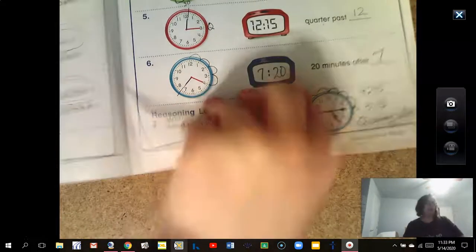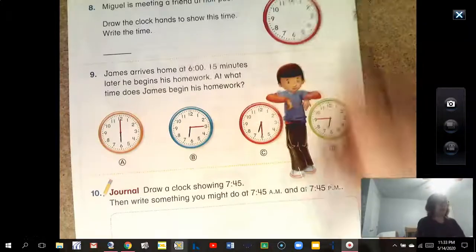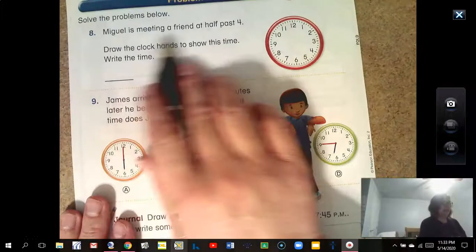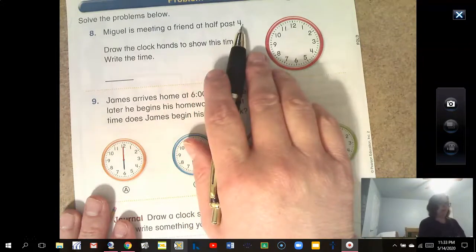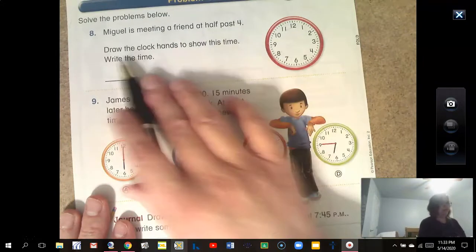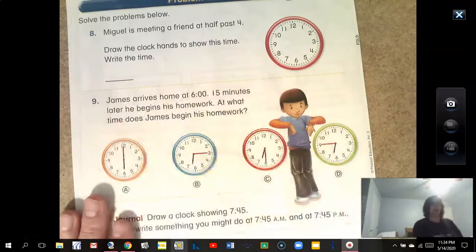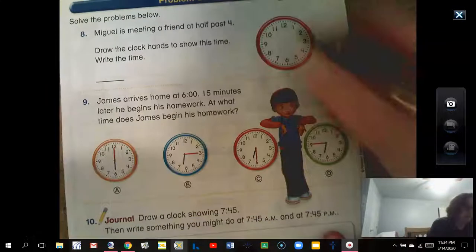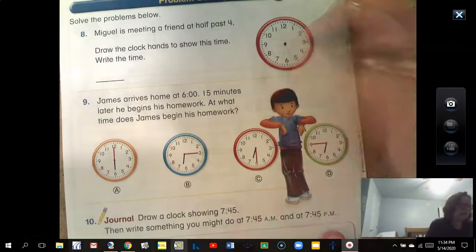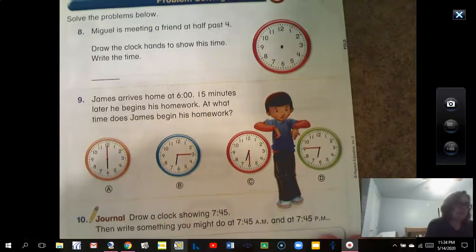Okay, so we will go to the back now. And it says Miguel is meeting a friend at 4:30. Draw the hand clock to show this time. Write the time. All right. So we're going to put a little dot in the middle. And where is half past?